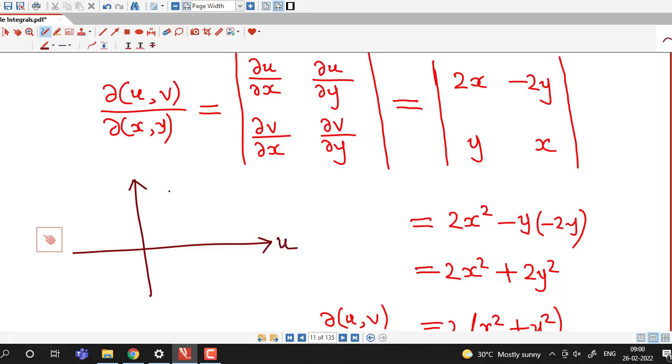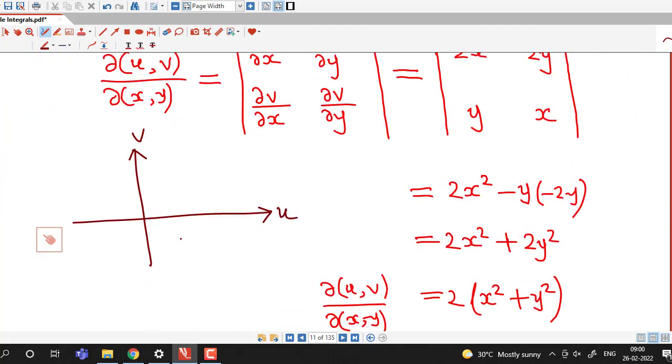Suppose this is the u axis and this is the v axis, then we can see u is from 1 to 9. Suppose this distance is 1, then this line is u equal to 1. Suppose this distance is 9, this line is u equal to 9. If this distance is 2, this is v equal to 2.